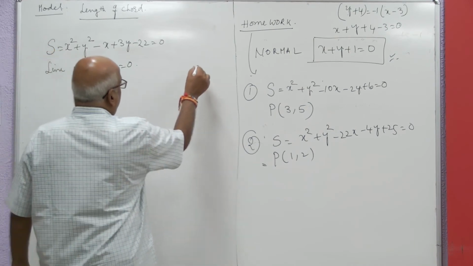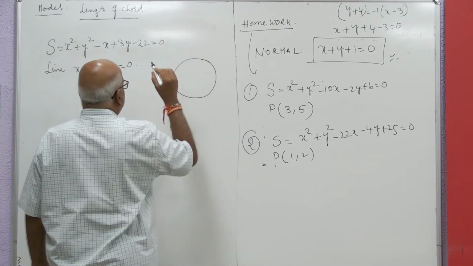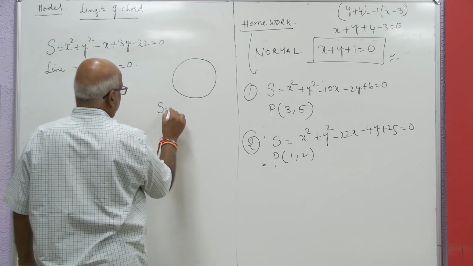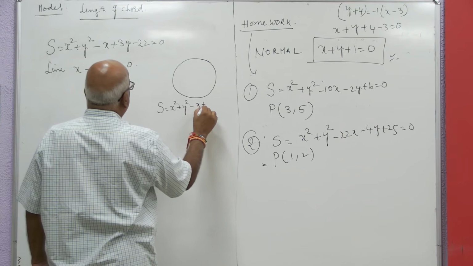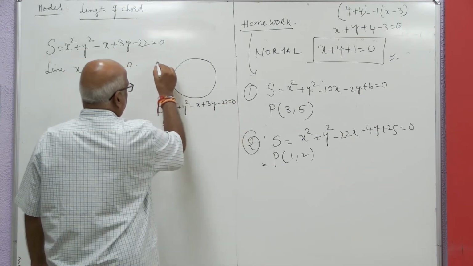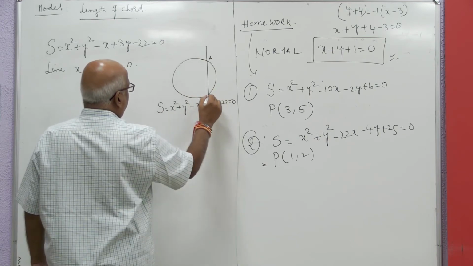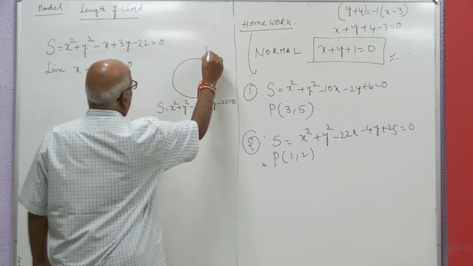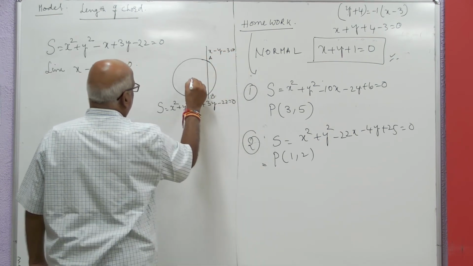If you draw the diagram, this is the equation of the chord given, x minus y minus 3 equal to 0.